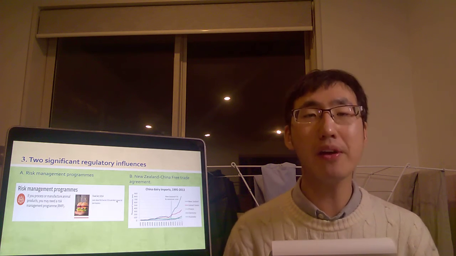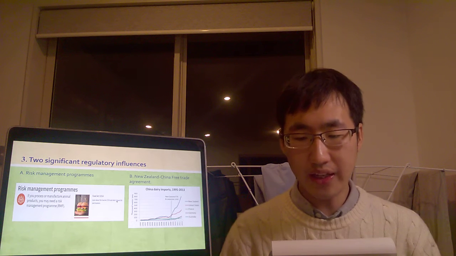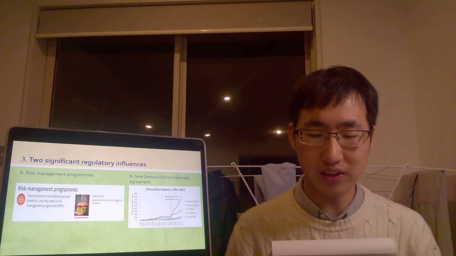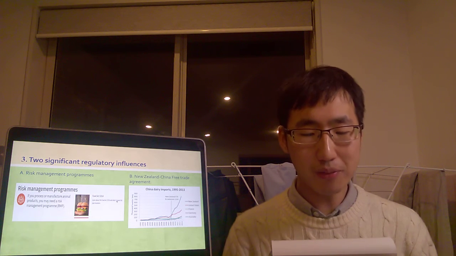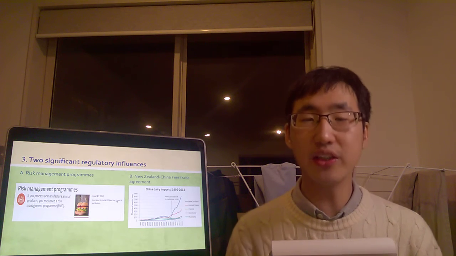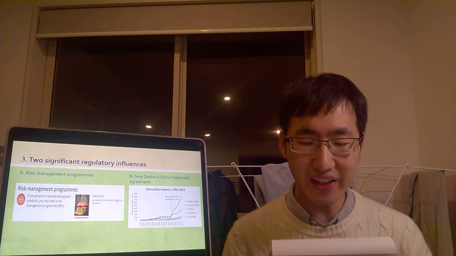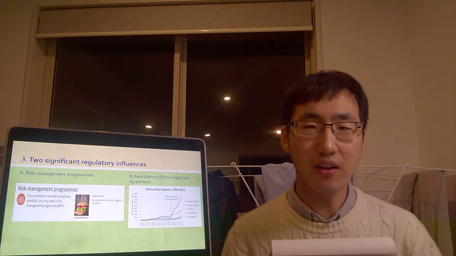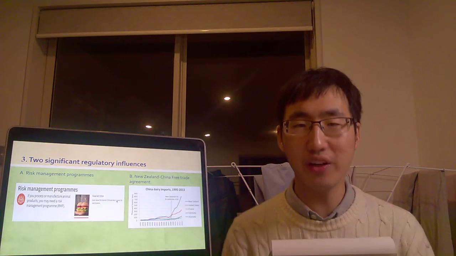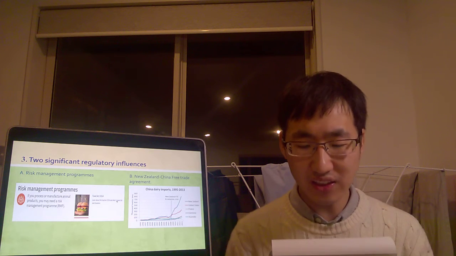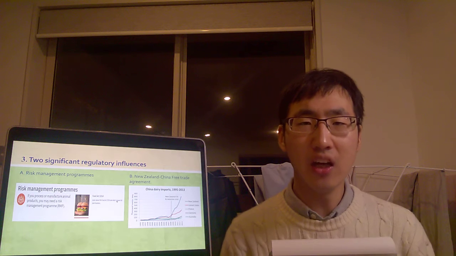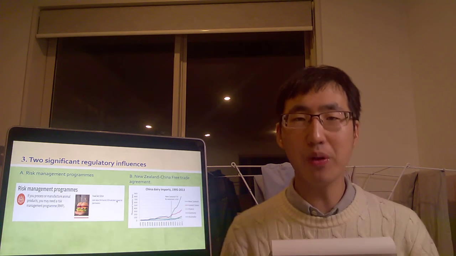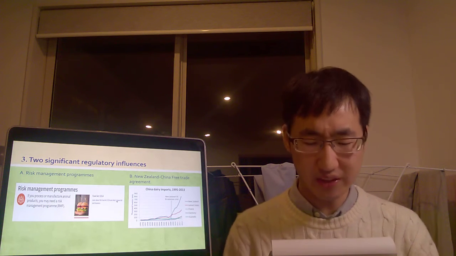The second significant regulation influence is the New Zealand-China Free Trade Agreement. This is a significant influence because this presentation is related to exporting butter to China. And New Zealand is the largest butter exporting body in the world, while China is the largest importing body in the world. And New Zealand provides 87% of the butter that China imports.